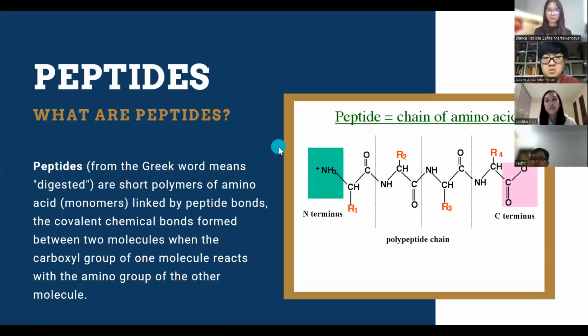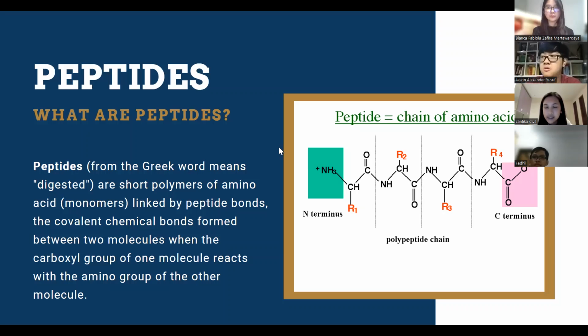Okay, so next I will be discussing peptides. This was actually mentioned briefly by Vivi and also Fadil, about peptides and peptide bonds. So what actually is a peptide? Peptide comes from the Greek word meaning digested. Peptides are short polymers of amino acids linked by peptide bonds. These are covalent chemical bonds formed between two molecules when the carboxyl group of one molecule reacts with the amino group of another molecule.